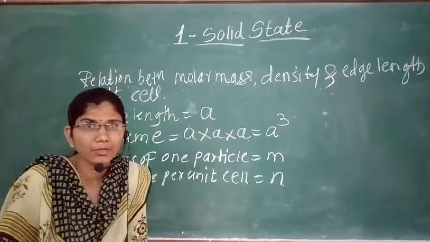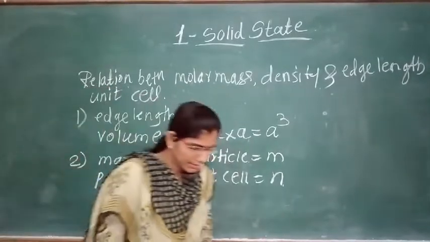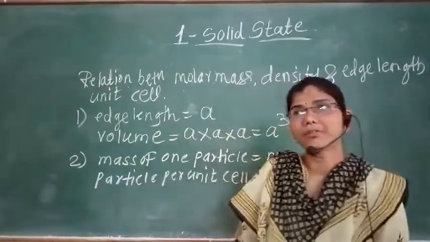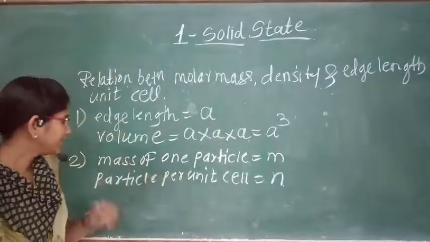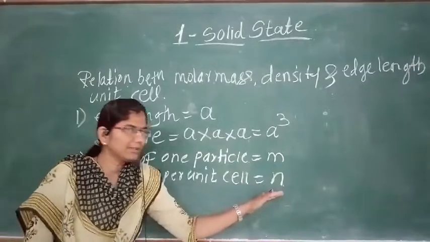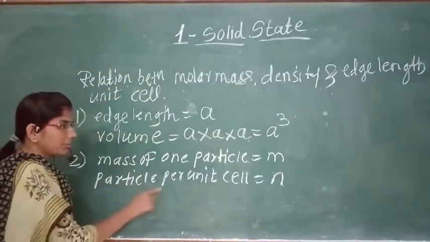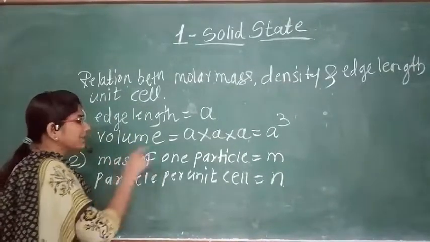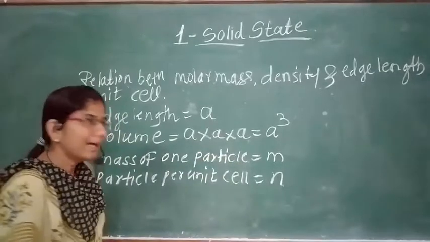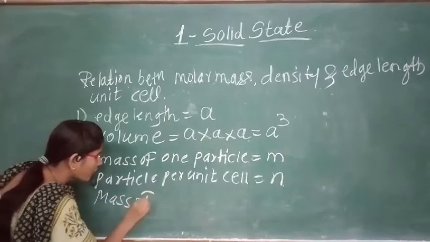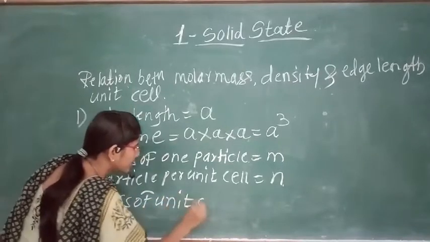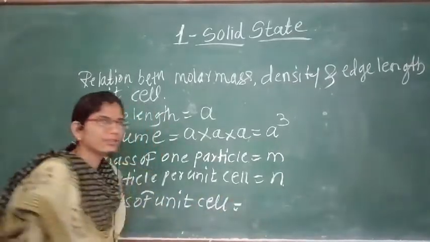And therefore the mass of a unit cell, that is, one unit cell, has n particles per unit cell, and the mass of one particle is m. What is the mass of the unit cell?